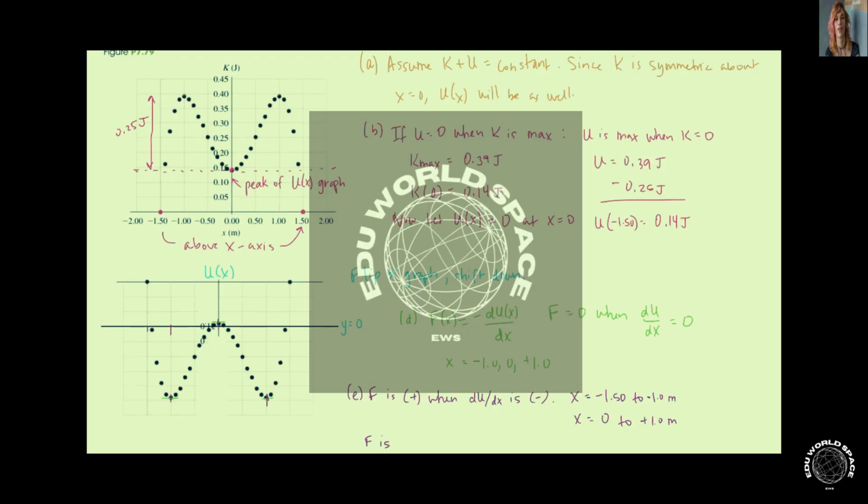And likewise, F is going to be negative when dU dx is positive. So from x equals negative 1.0 to 0 meters, and then from 1.0 to 1.50 meters.